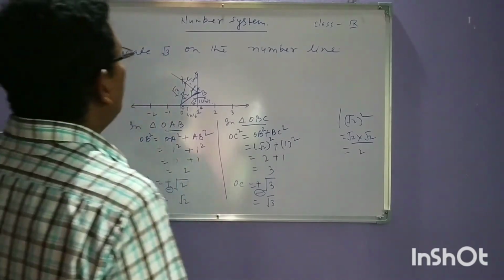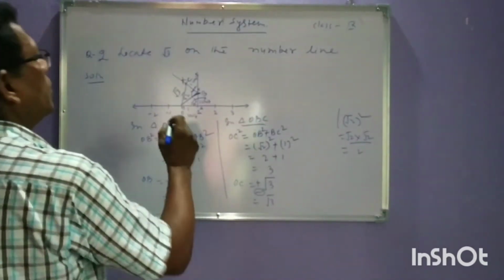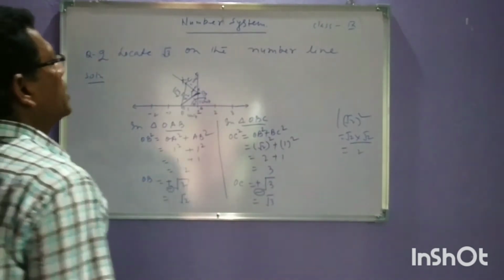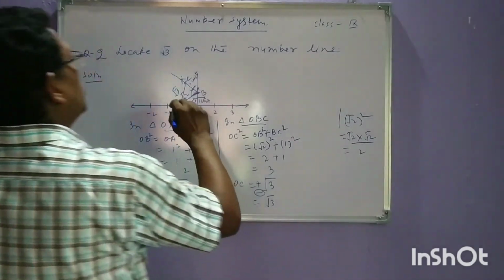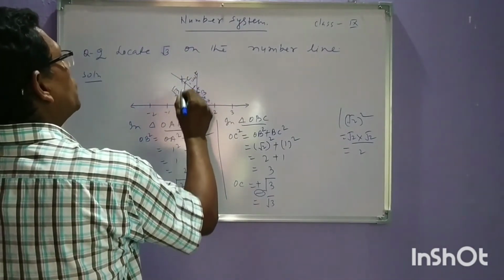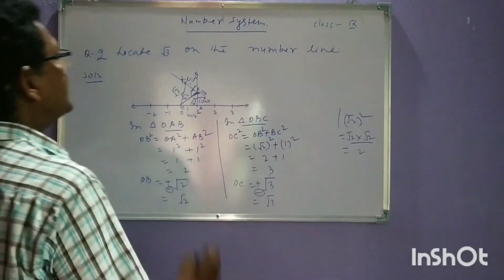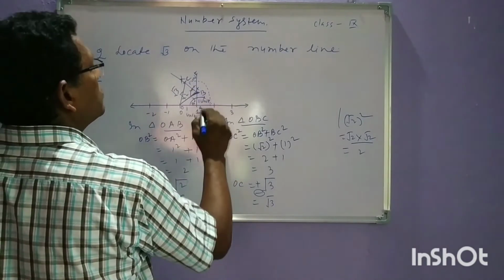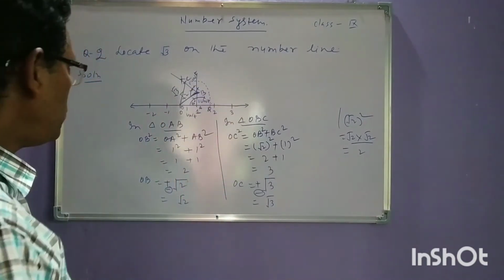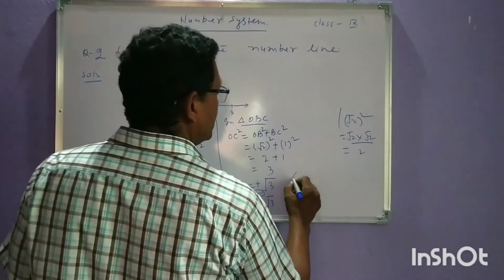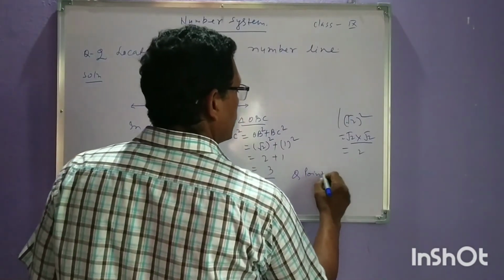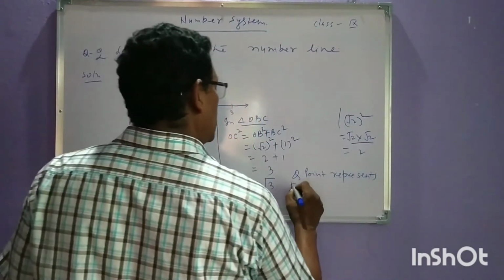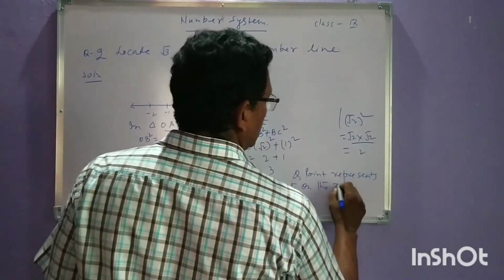Now, with the help of compass, we measure length OC and draw an arc of radius OC which cuts the number line on some point at Q. This Q point represents root 3 on the number line.